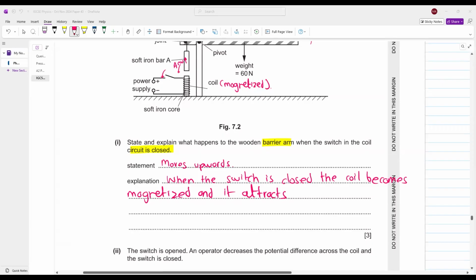When the switch is closed, it causes the coil to become magnetized and it attracts the soft iron bar.